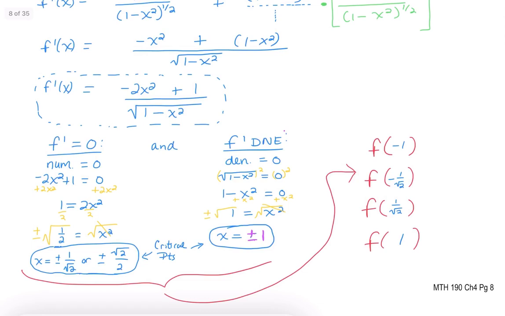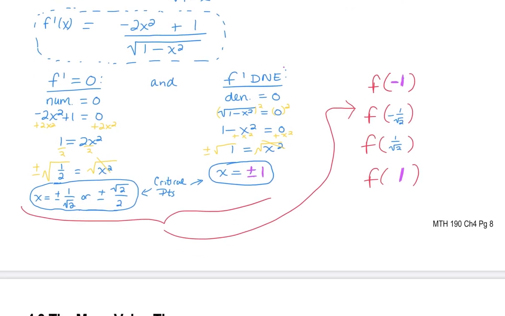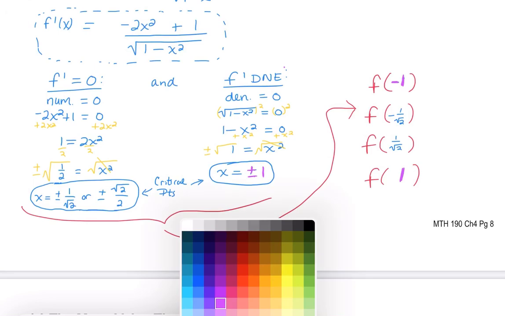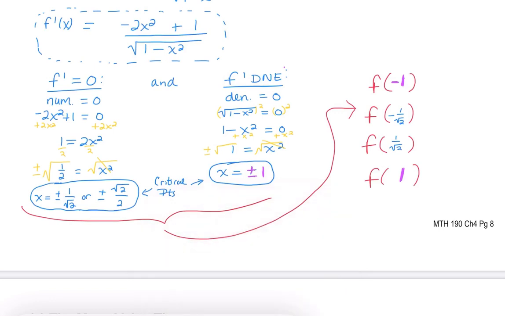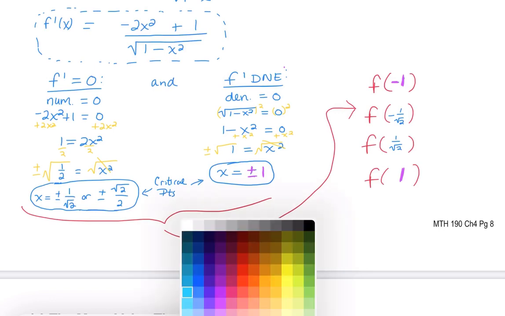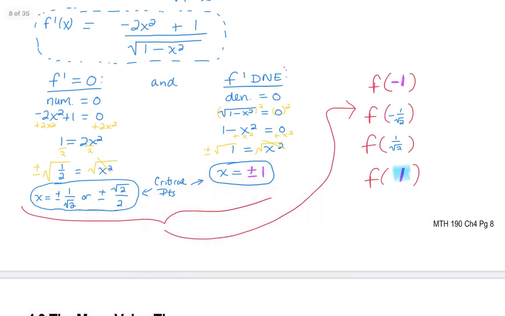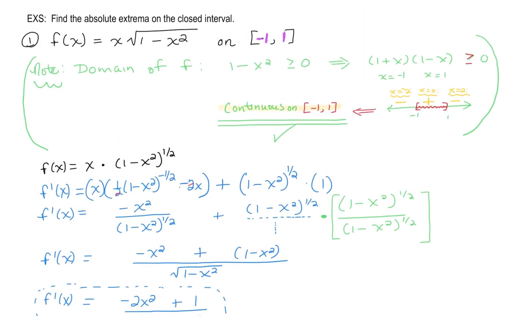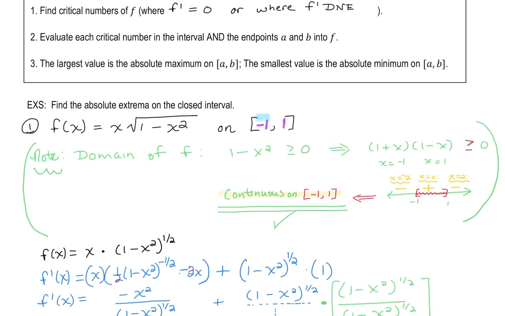So again, these were from the endpoints of your interval. This is very important that we're being mindful of that. So make sure, as you go back here, let's highlight that these, even if they hadn't come out of where f prime did not exist, were coming from plugging in the endpoints of that closed interval.